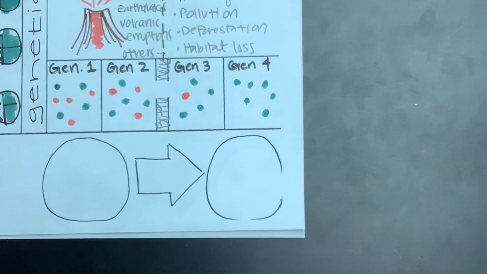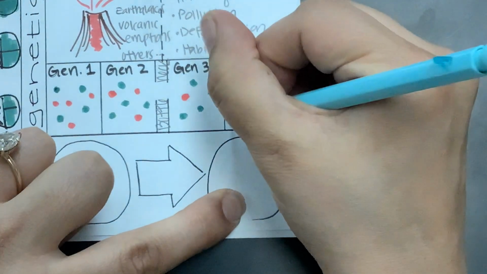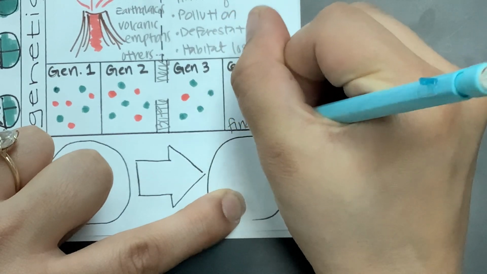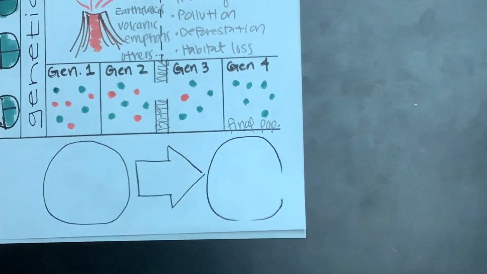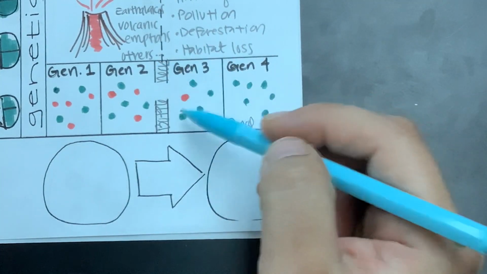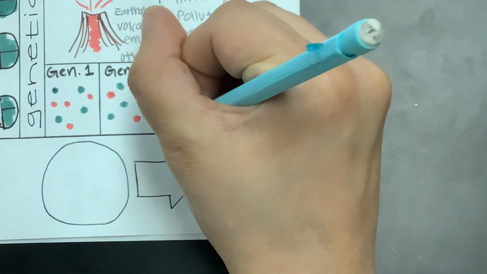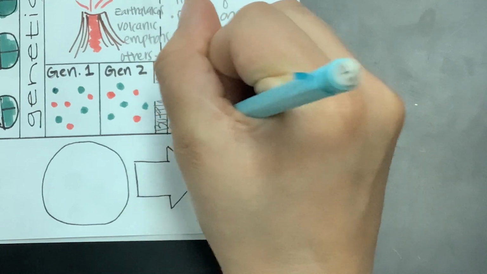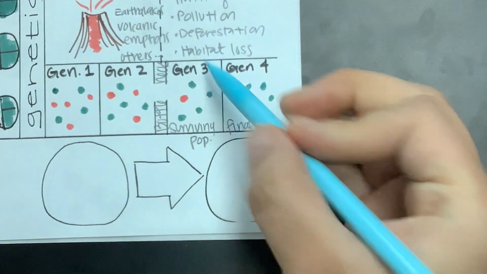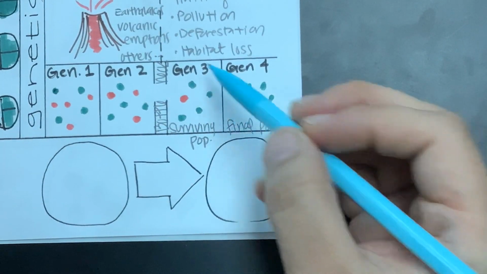And so this is the final population. I'm going to abbreviate population to POP. And so before the final population, this would be the surviving population. So let's say this is our surviving population after whatever happened.